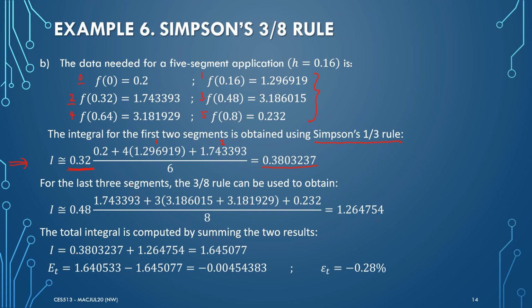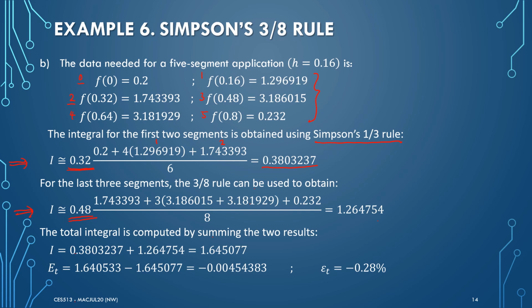And then for the last three segments, the 3/8 rule can be used to obtain this integration. I equals 0.48, which is obtained from 0.8, the point of x5, minus the point of x2, 0.8 minus 0.32.